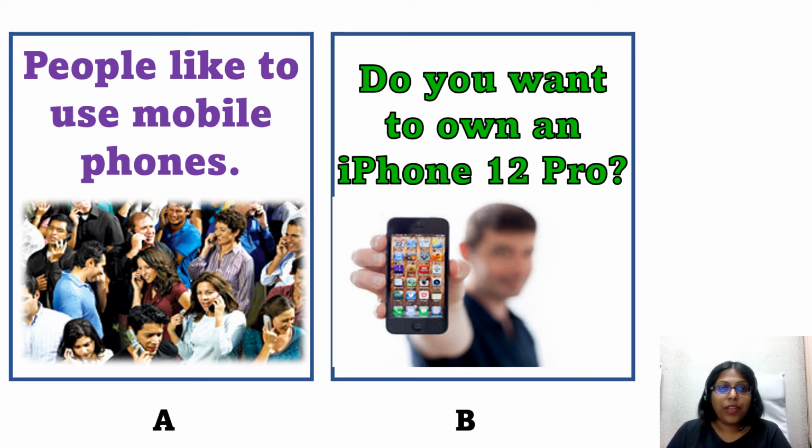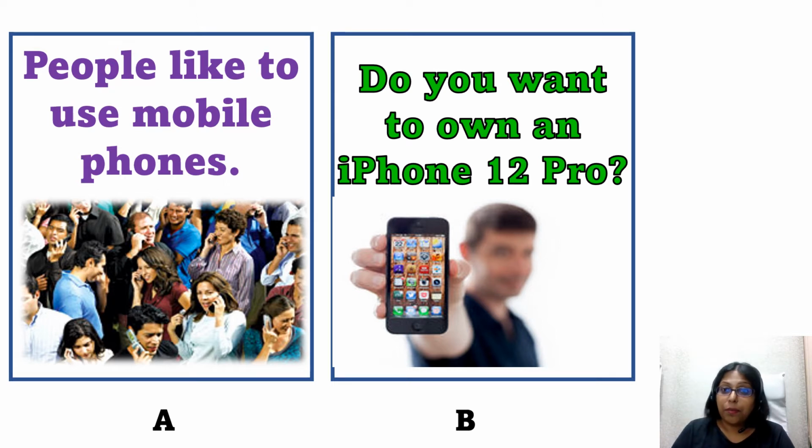Alright, so when we write articles, when we read titles of articles, something has to keep us going. It has to be catchy. So when we write something very general like this, people like to use mobile phones, it's like a question mark, right? So, who are these people? And what mobile phones are they using?